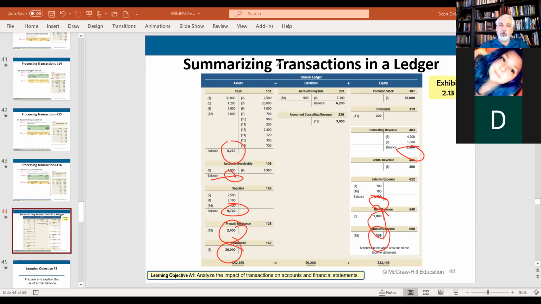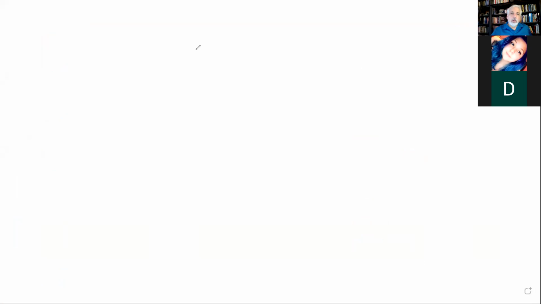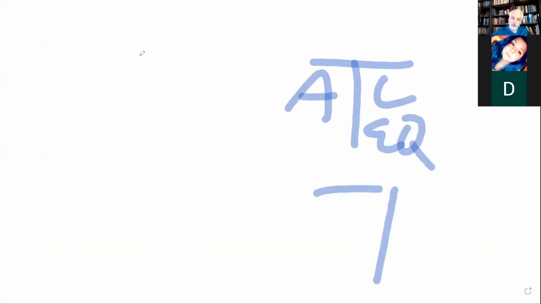Let me do a quick review of the big picture again, because I want you to make sure this makes sense to you. So we're going through, and you're probably tired of seeing this, assets, liabilities, equity, revenue, and expenses.